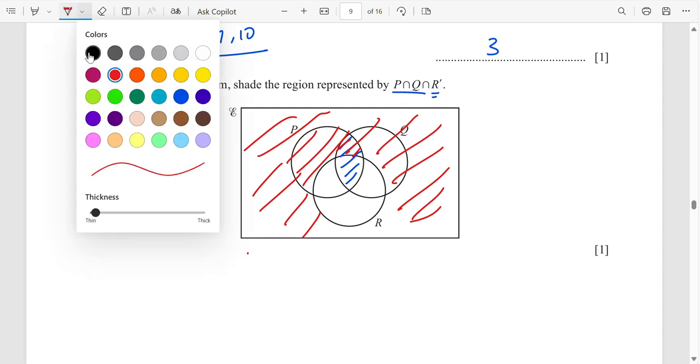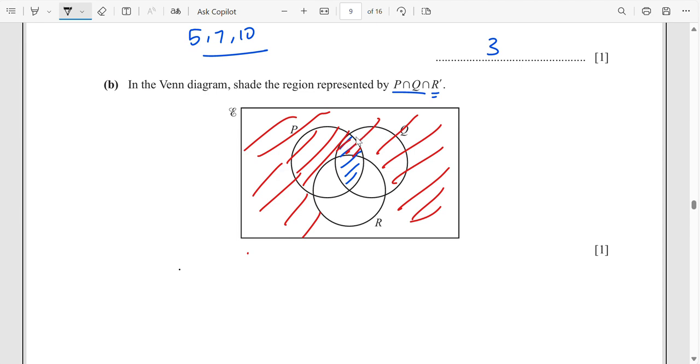For that, we need the overlapping region, which is just this. So you just need to shade this region.